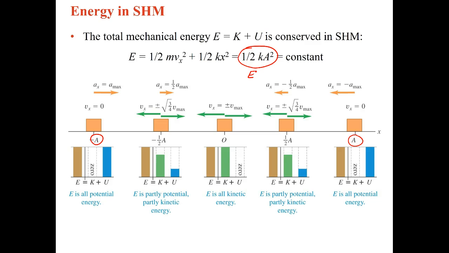And then in the middle, when the spring is unstretched, all of the energy will be kinetic in the form of 1/2 mv squared. This gives us a way to convert back and forth between energy. We have kinetic and potential, and we're always going to have some combination so that the total amount of energy in this brown bar is going to be a constant. You get the idea.